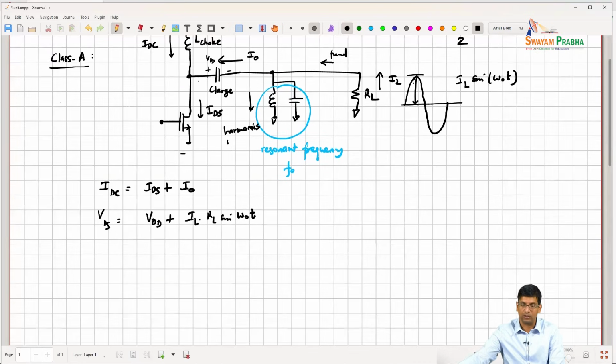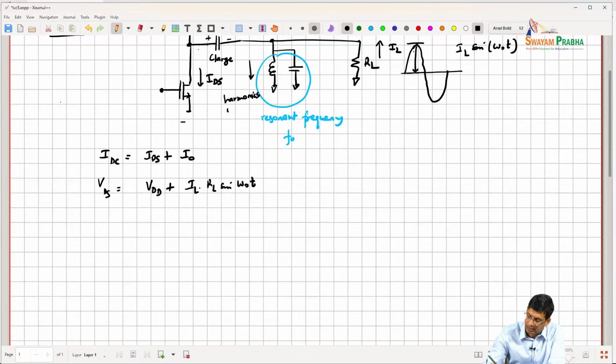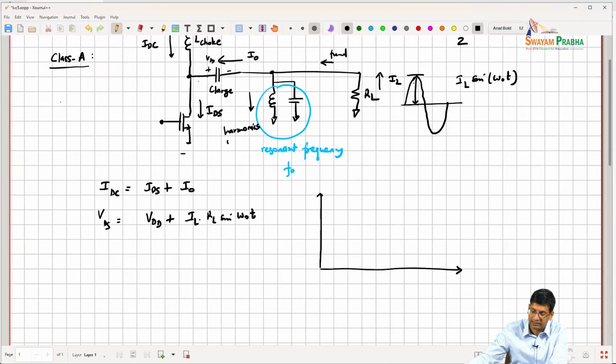So, if we were to now start plotting the current and voltage for the transistor, let's say that I am biasing it at a certain IDC. So, if I were to plot the current in the transistor, this is IDC, and then as IL swings up and down, that current flows through the transistor.